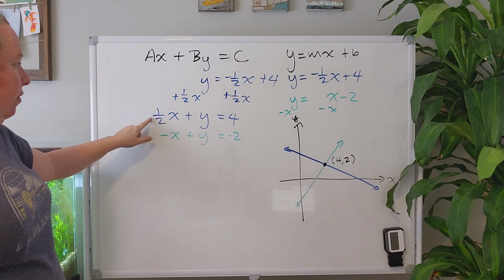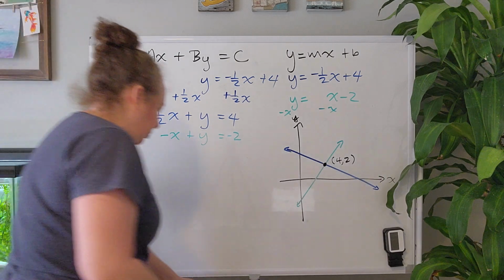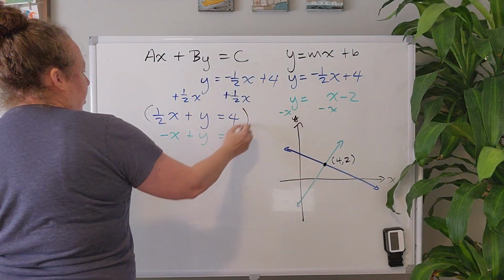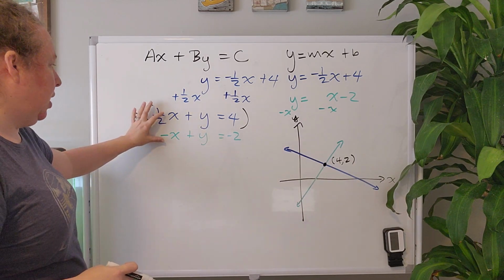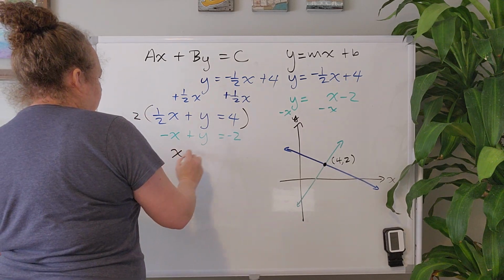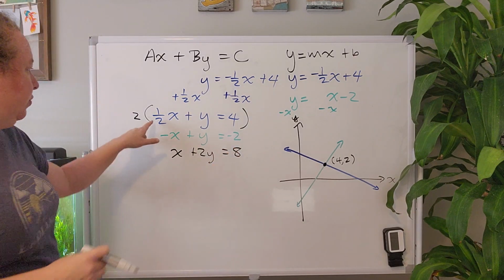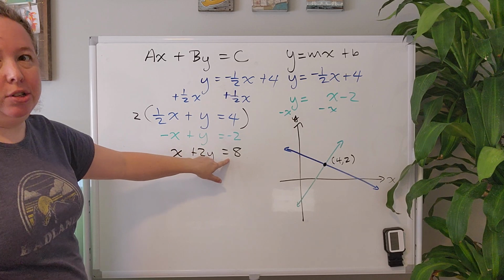Right now we've got a half of an x and a -x. If I multiply everything in this line by 2, now I'm going to have a plus x. So I'm going to rewrite this down here. This is going to be x plus 2y equals 8. So I've just multiplied this term by 2, this term by 2, and this term by 2.